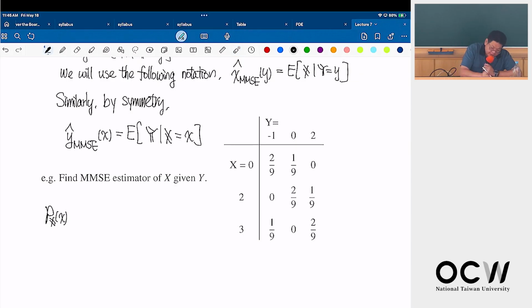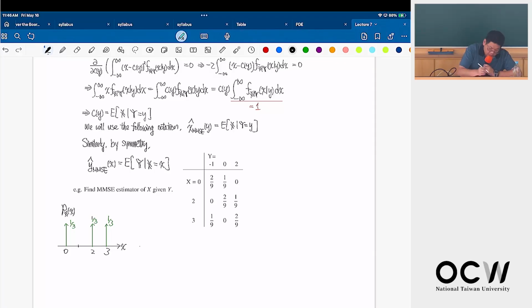So here is my X. I have a value at 0, 2, and 3, with 1/3, 1/3, 1/3 at 0, 2, 3.